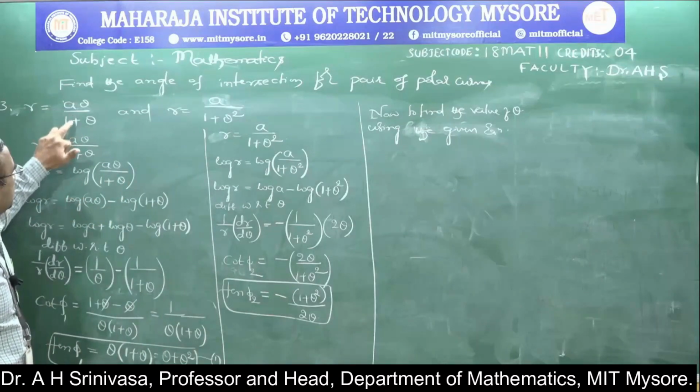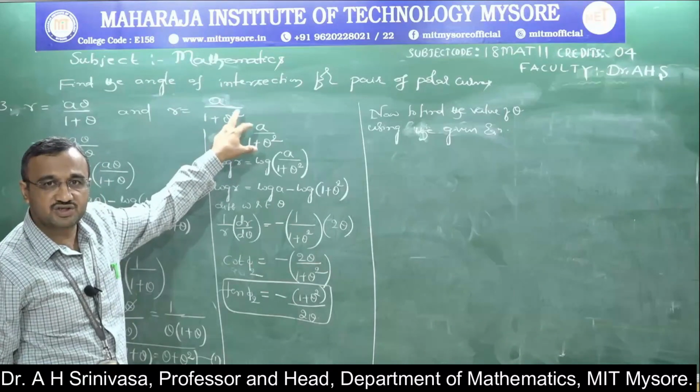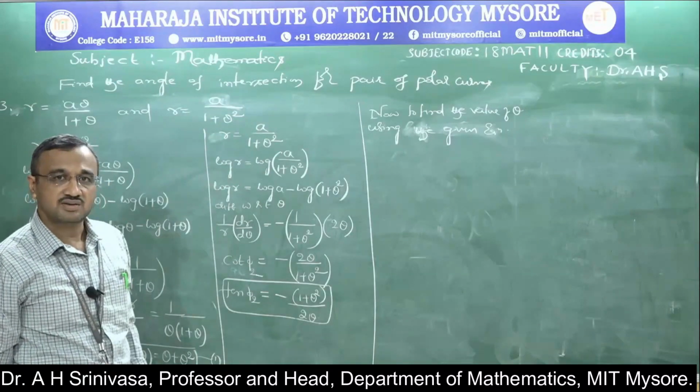That is r equal to a theta by 1 plus theta, then r equal to a divided by 1 plus theta square. Using these two, extract the value of theta.